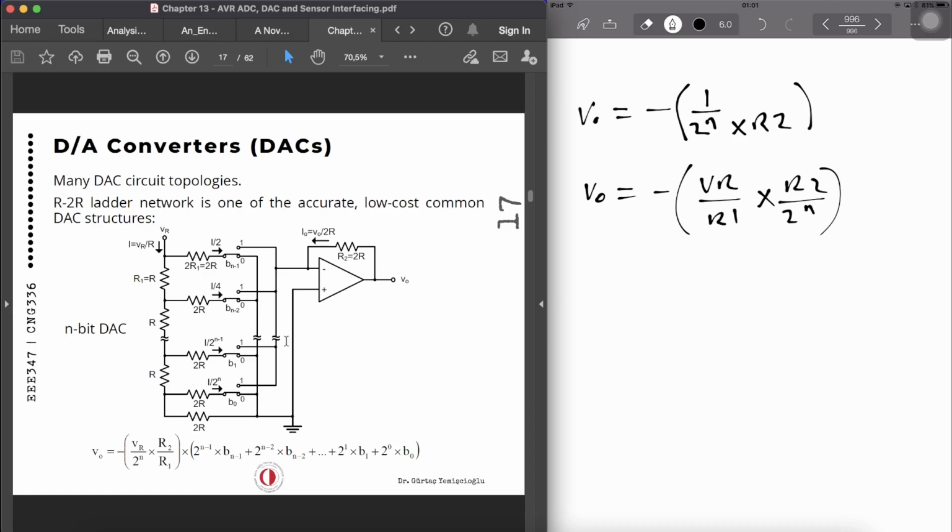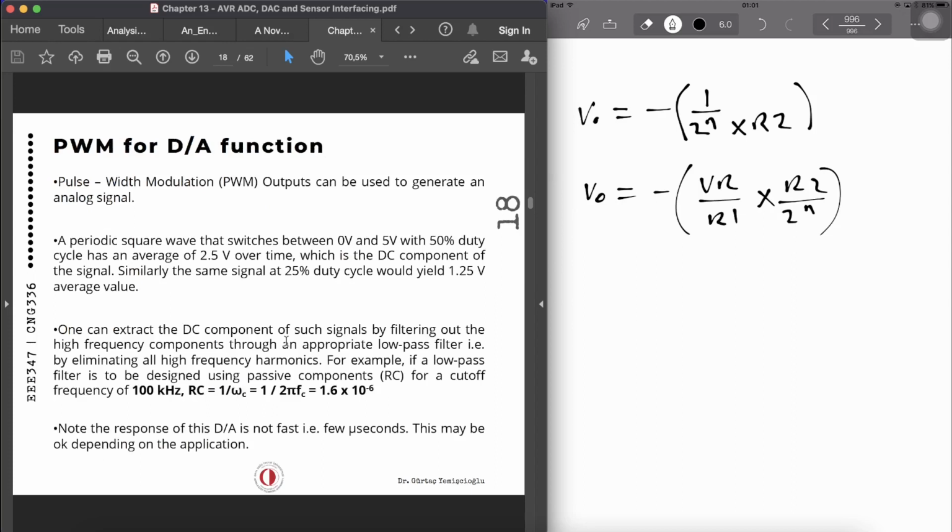Okay, we can also use PWM for the digital to analog function. Now, I'm not going to go into the details of the PWM because we are going to see that in the following chapters. But the PWM outputs can be used to generate these analog signals as well, to summarize.